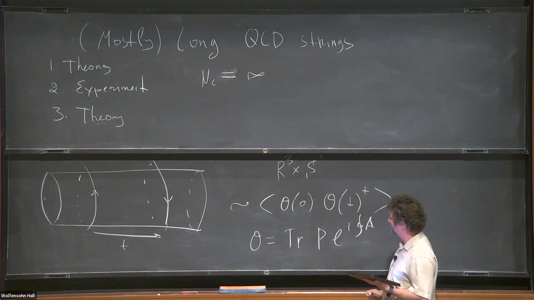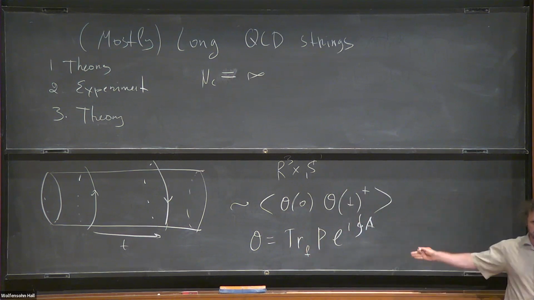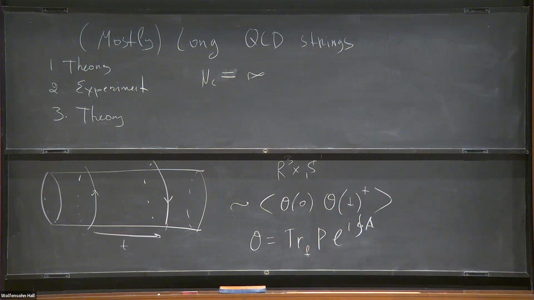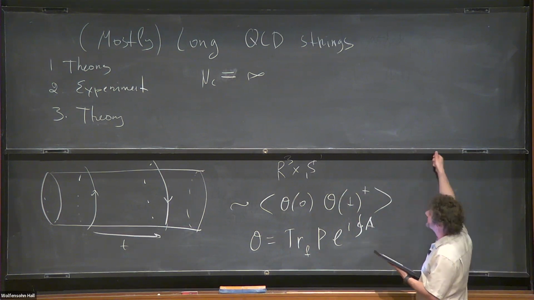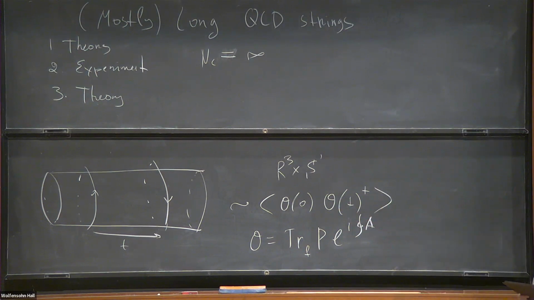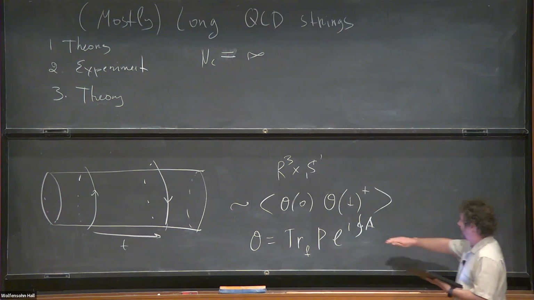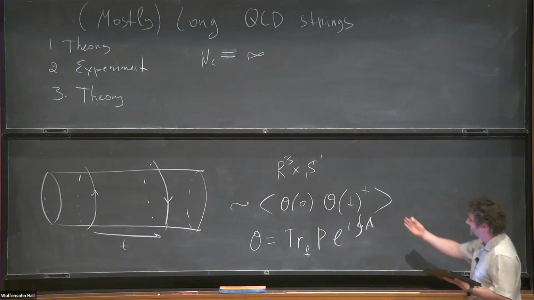Mostly for what I will be talking about, this trace is taken in the fundamental representation, although there is also data about other ones, but for the purpose of these lectures, we'll be mostly interested in the fundamental representation. And now, as Mike explained in his lectures, what one measures this way is the following.